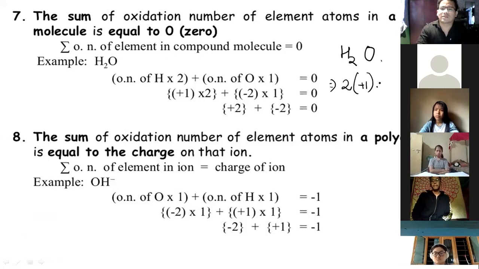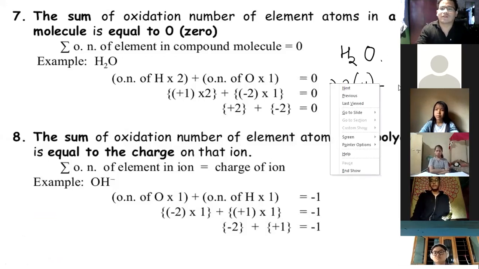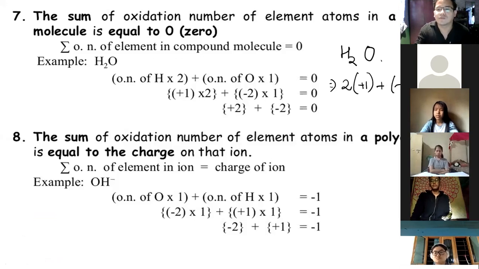Oxygen is -2. So 2 times +1 plus -2 is always 0. Left hand side equals right hand side, so this is verified: the sum of the oxidation numbers of all the elements in a compound is always 0.